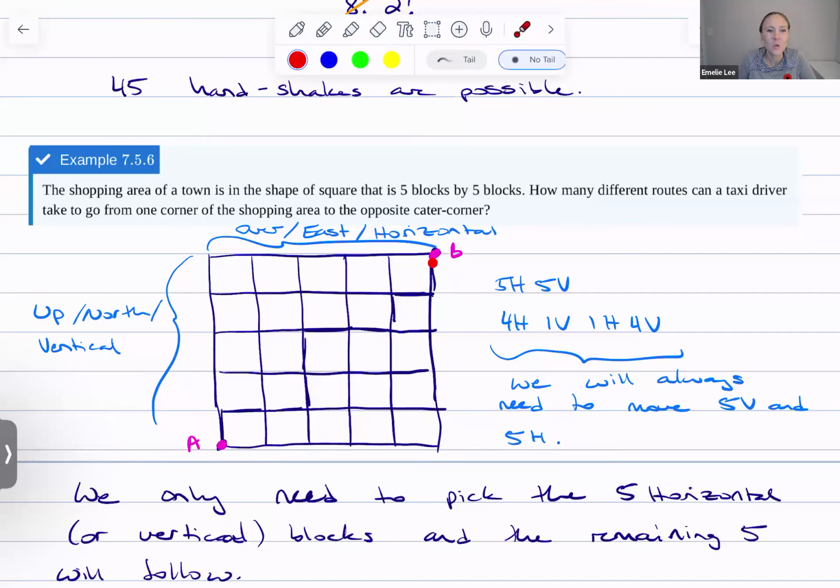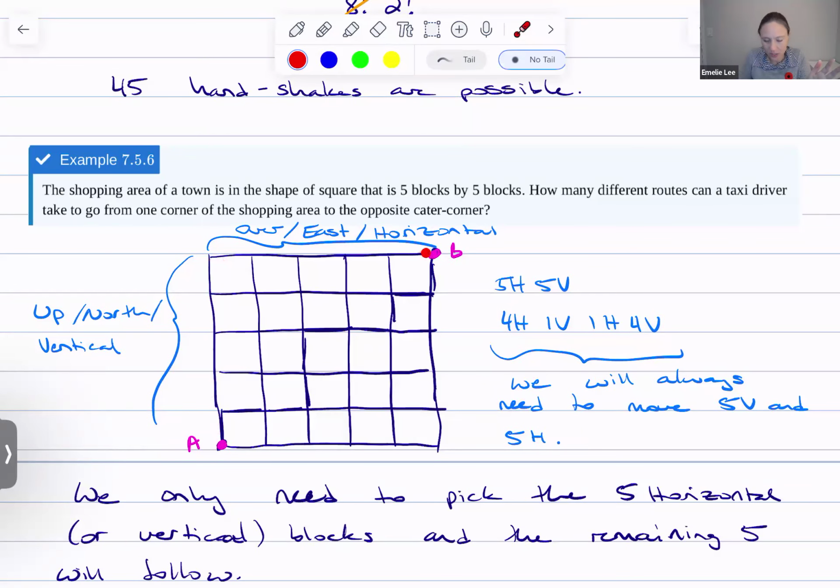So what we can do is break this down. To go from A over to B, we're going to have to move up, or north, or vertical, all the same meaning, some number, and move this way, some number.